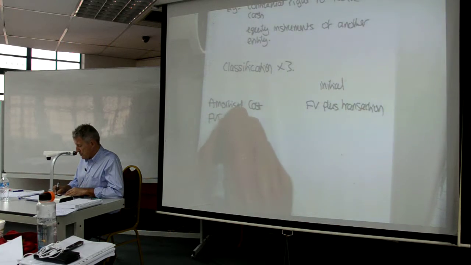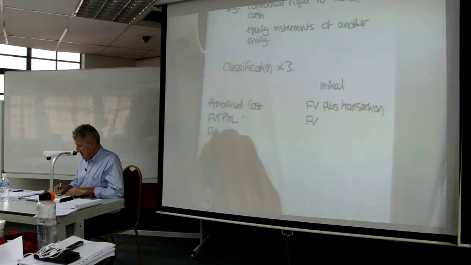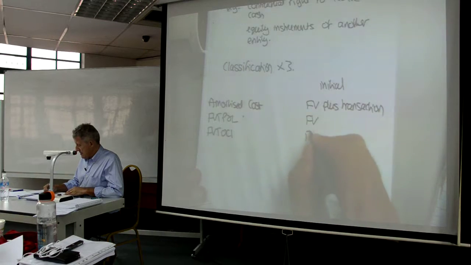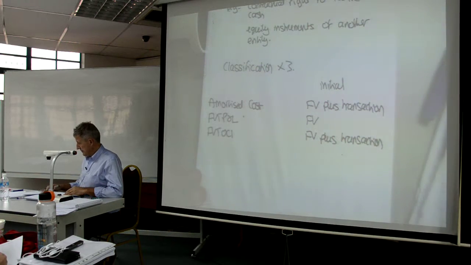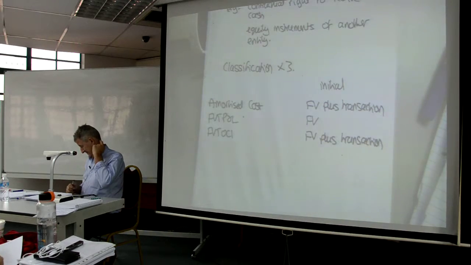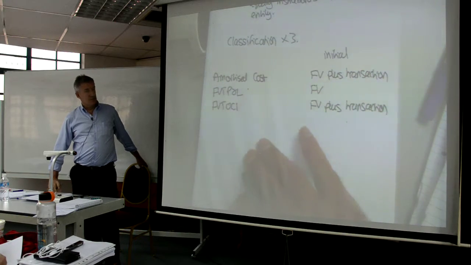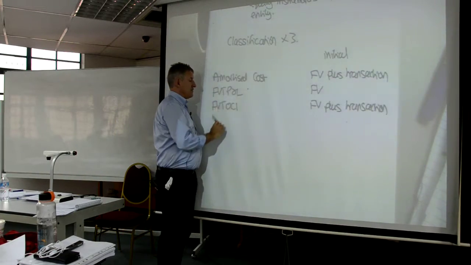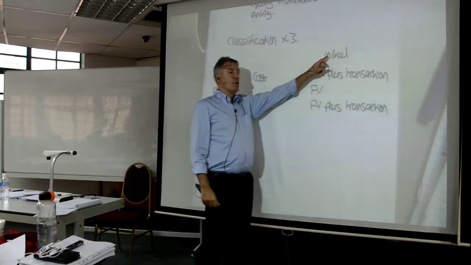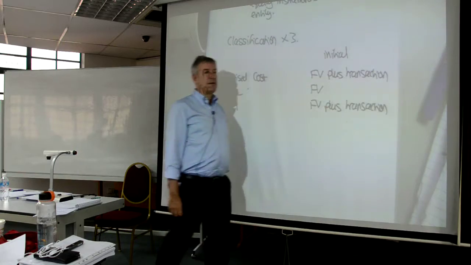The fair value through profit and loss is at fair value, and the fair value through OCI is at fair value plus transaction costs. So what you've got there is your classification process. You've got your classification results: amortized cost, fair value through P&L, and fair value through OCI. And your initial measurement, your initial recognition, will be at fair value if it's fair value through P&L.